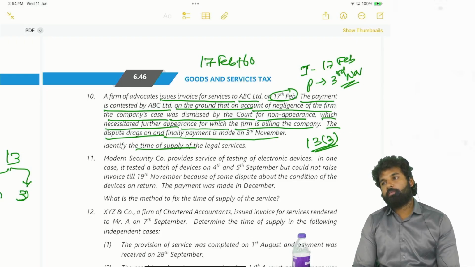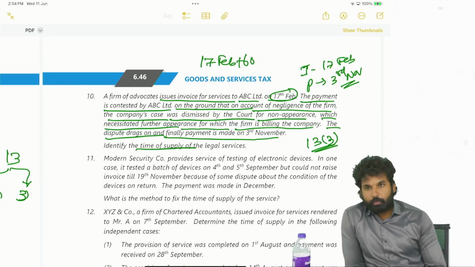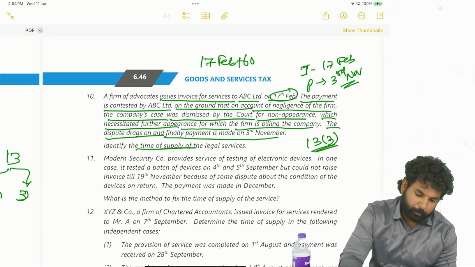February plus 60. April 20 it is coming, 61st day. April 20 is coming, okay, maybe.